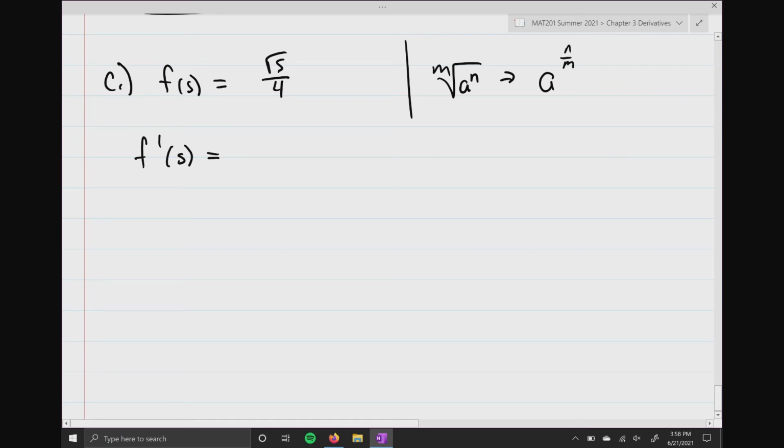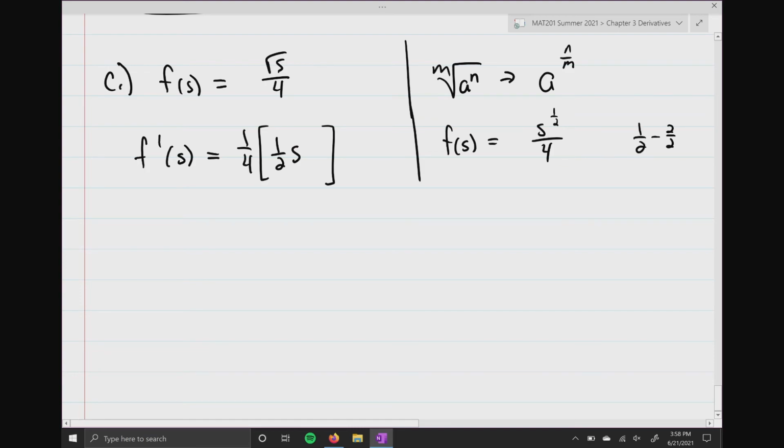So by knowing that property, I can rewrite f of s as s to the 1/2 power over 4. So my derivative here is going to be 1/4 out front times 1/2 s. And remember, you need to take 1/2 minus 1.